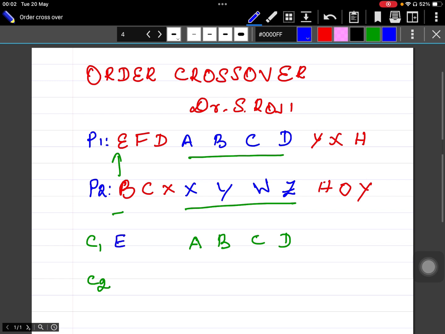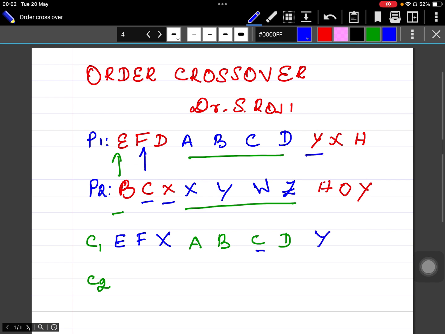And when I come to C here, C is already present in my segment. So instead of C, I should write F. The next thing is, I have X here. X is not present anywhere, so I'll write it as X. Similarly, I have Y here.